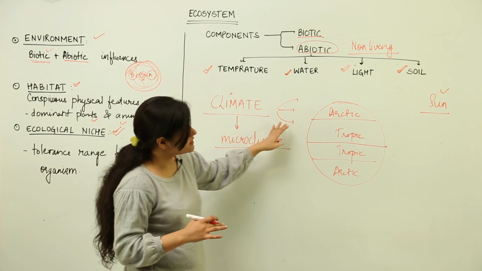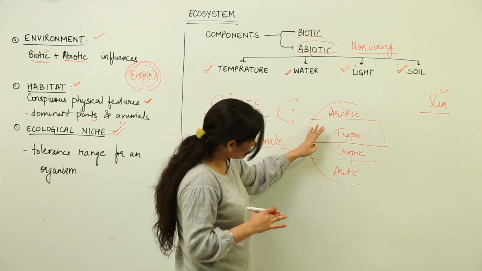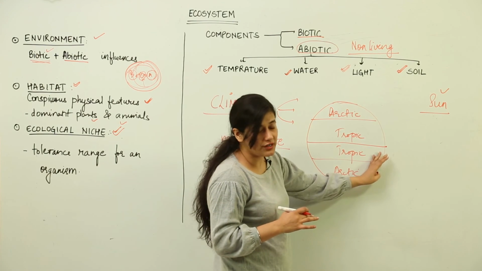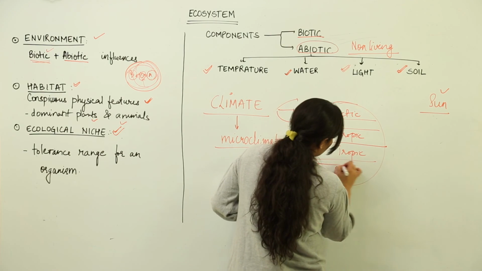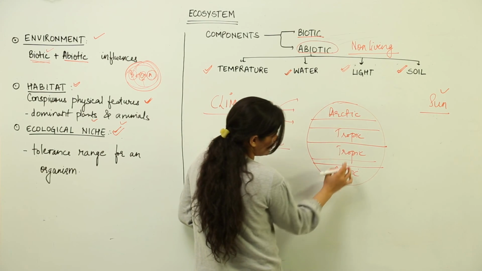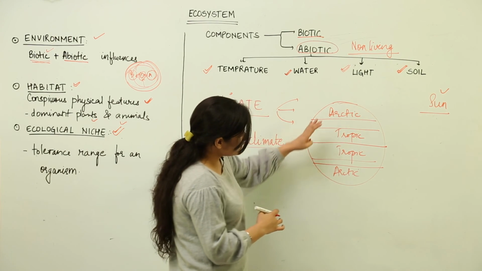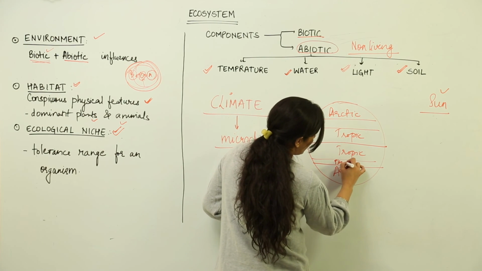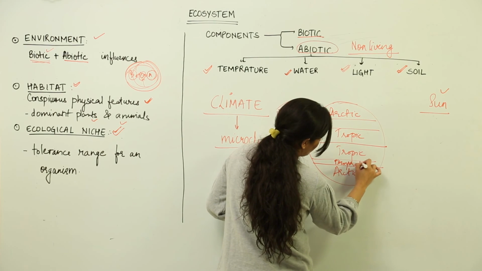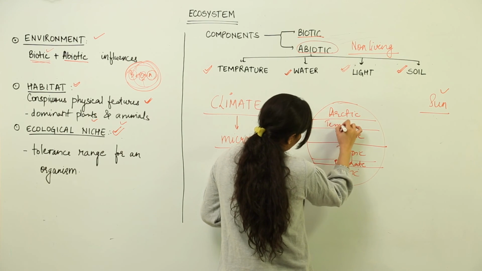Now how this climate is influenced has a role of Earth's geography in it. We have tropical regions, and we do have temperate regions as well, which are intermediate between tropic and Arctic. So this is the division of regions on Earth, and we have different climates here.